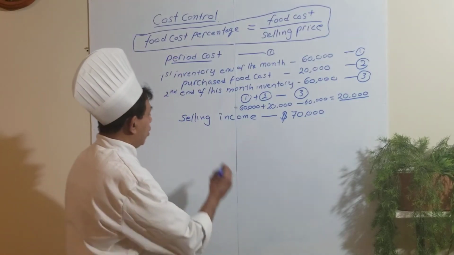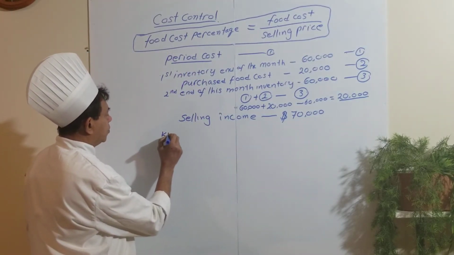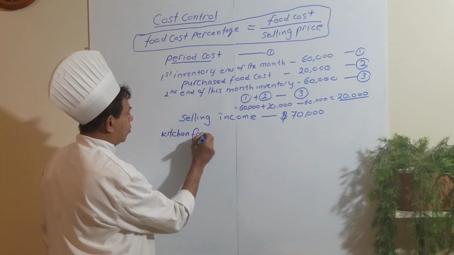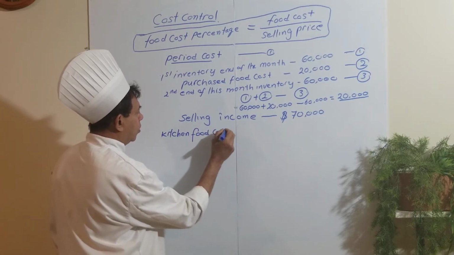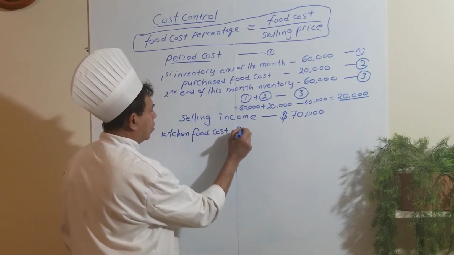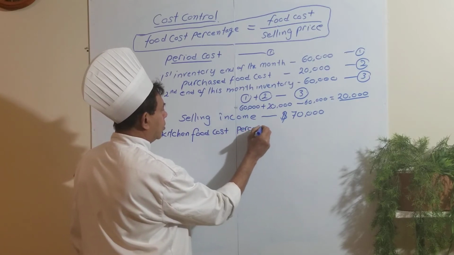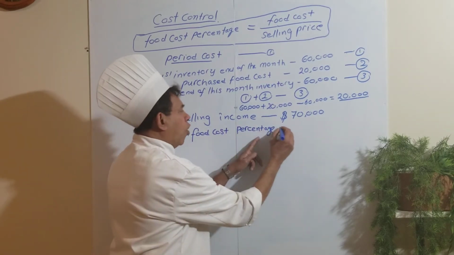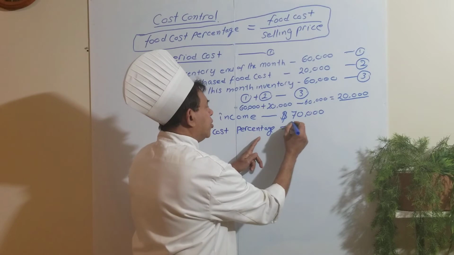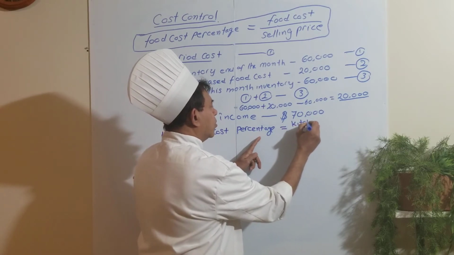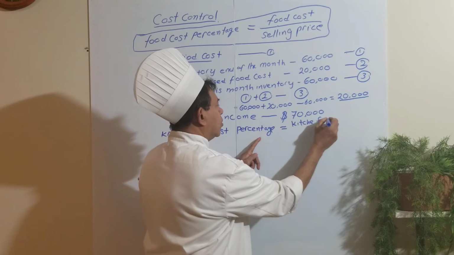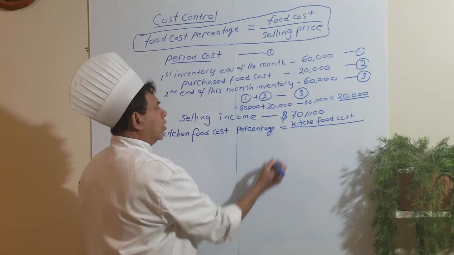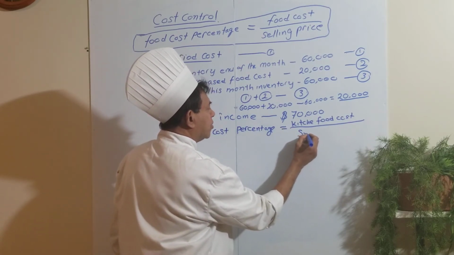Keep in mind. So kitchen food cost percentage is always equal to kitchen food cost and the selling price.